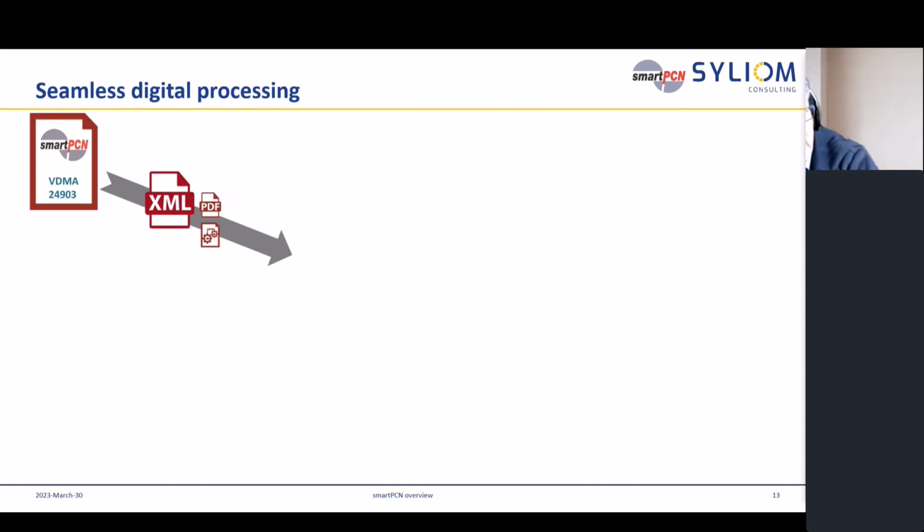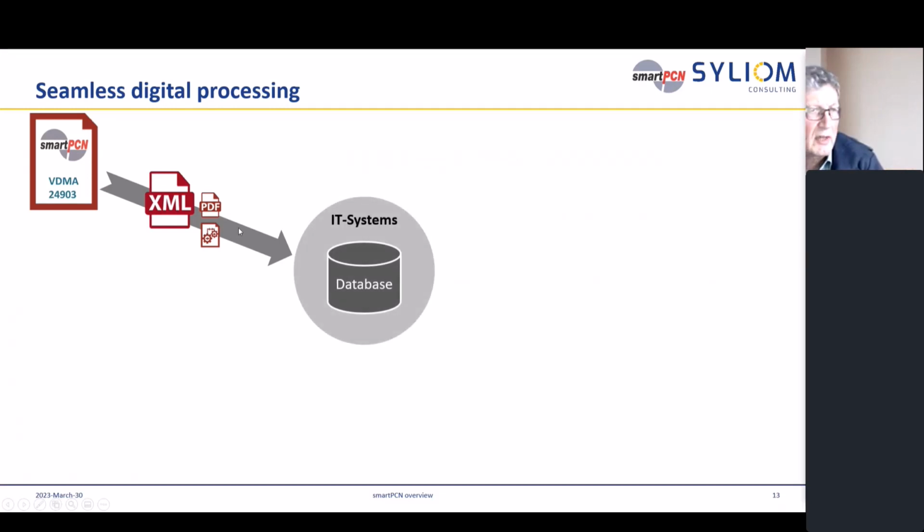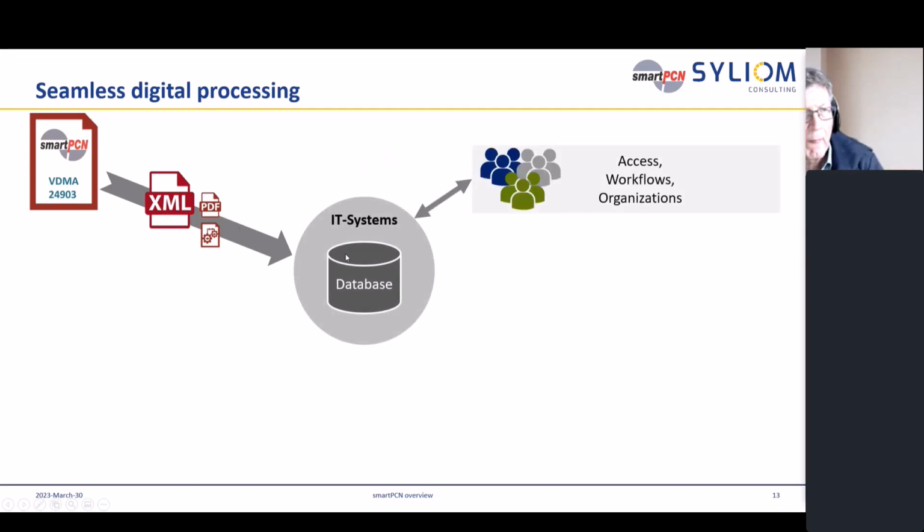Good. So the intention of Smart PCN is to start really with a seamless digital processing. You have a Smart PCN, you have the XML, you have the attachments, and you feed this into an IT system, a database. From there, you have access, workflows, organizations are able to access the information in a database.